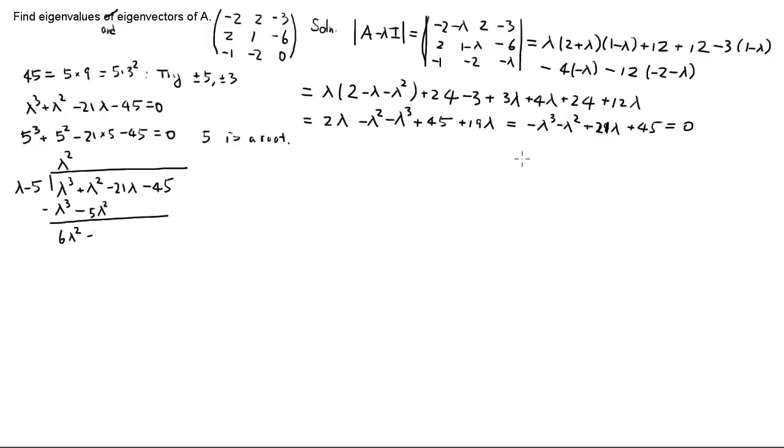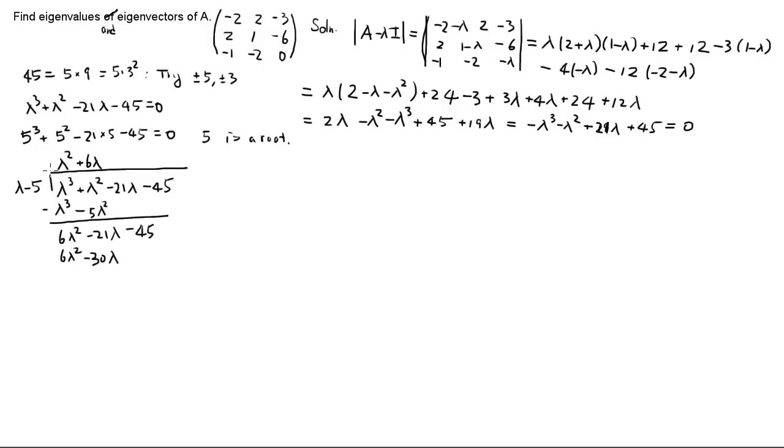And then we have minus lambda over here and minus 45. Again, we remember this method is called long division. And now, because we have 6 lambda squared, we have quotient over here 6 lambda, and then we multiply them out. It's 6 lambda squared over here. Distribute negative 5 times 6 is negative 30. So we have negative 30 lambda.